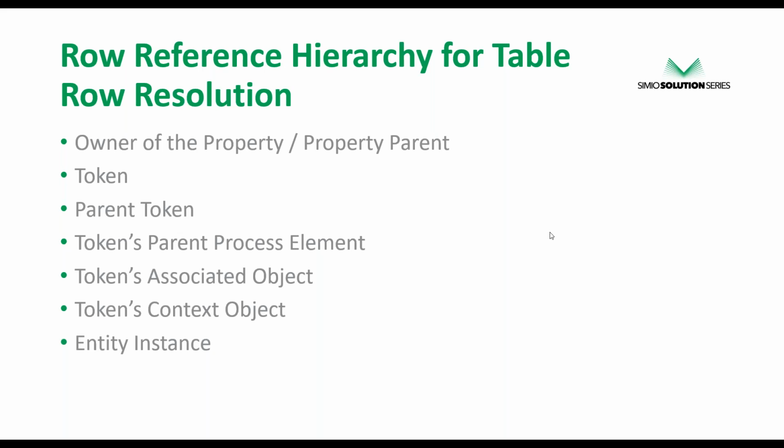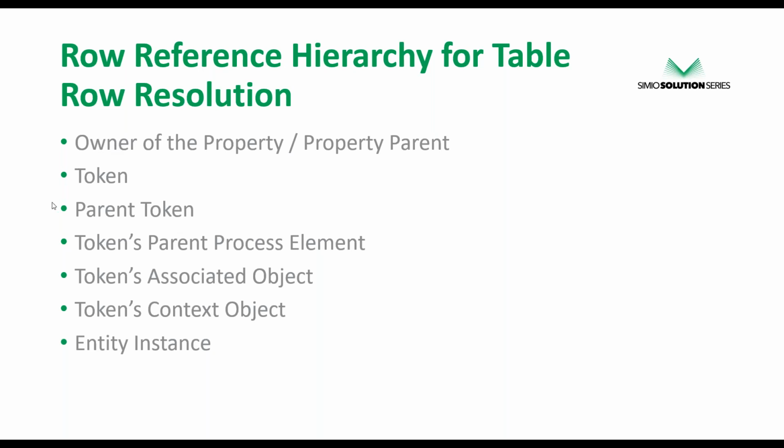So we follow this hierarchy: starting from the top, if there is a row reference available for the owner of the property or the property parent, we use its row references. If this doesn't have any row references available, then we use the token's.